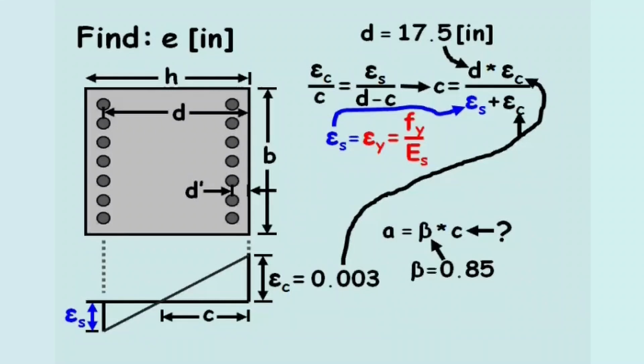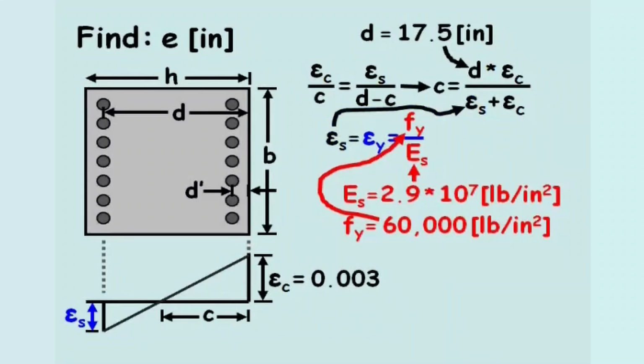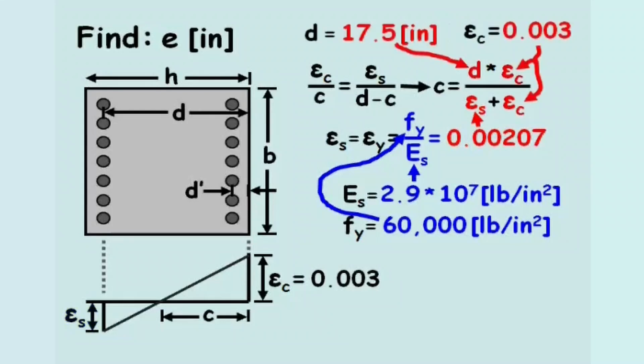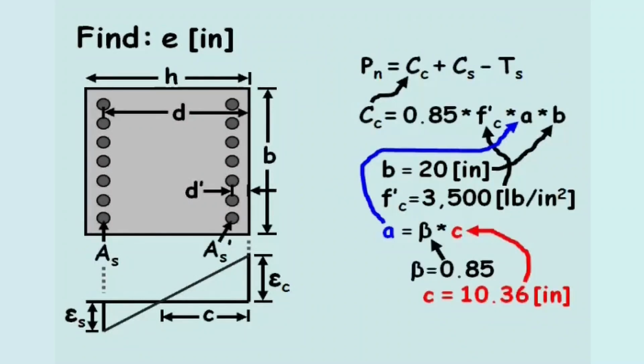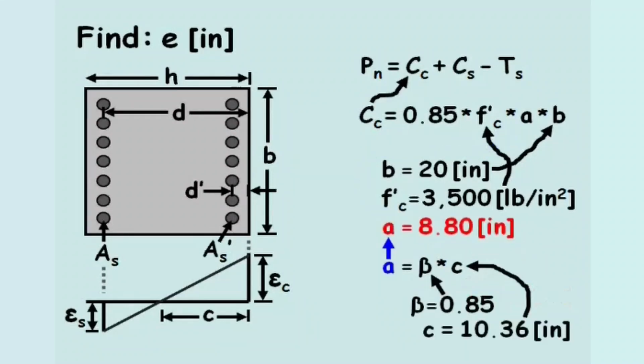Both of these values were also provided in the problem statement, and the strain in the tension steel equals 0.00207. After plugging in the length D and the two strain values, the length to the neutral axis, C, equals 10.36 inches. Now we can solve for the length A, which equals 0.85 times 10.36 inches, or 8.80 inches.